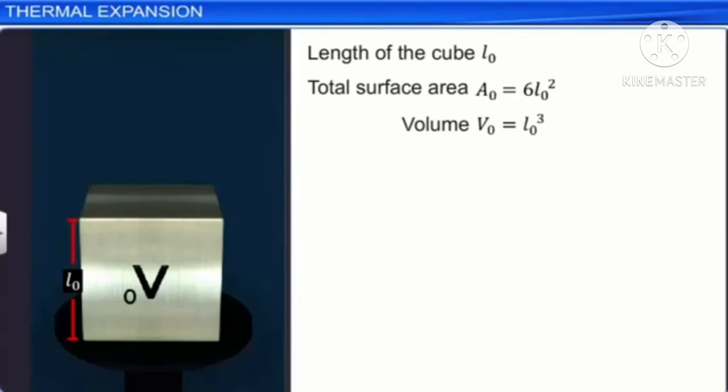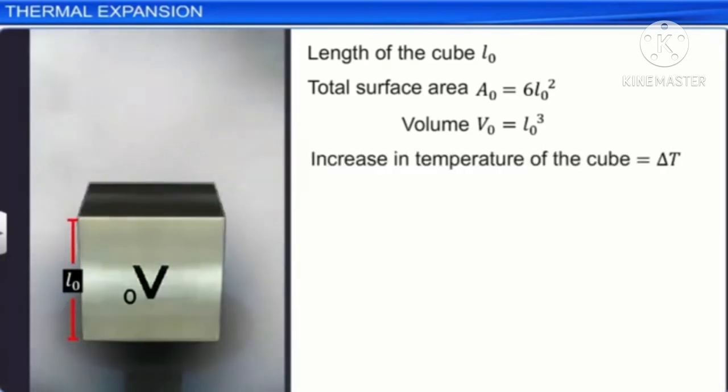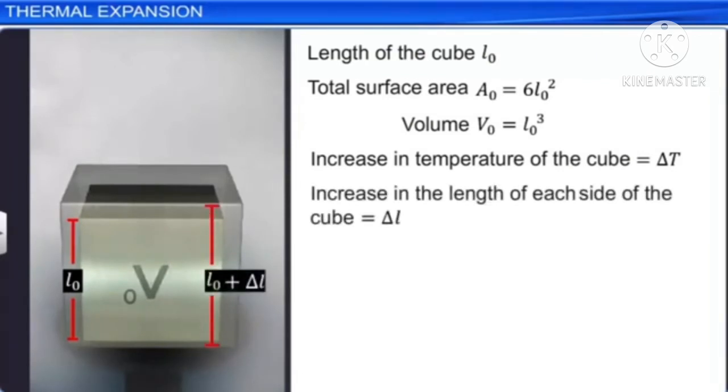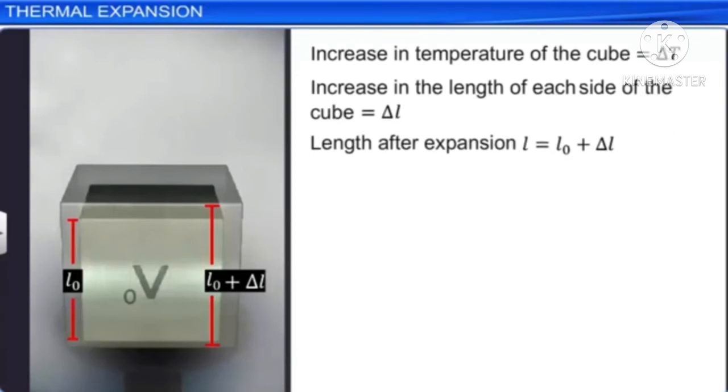When the temperature of the cube is increased by delta T, let the length of each side be increased by delta L. Therefore, the length of the side after expansion, L, equals L naught plus delta L. Change in area delta A equals 6 into (L naught plus delta L) whole square minus 6 L naught square.